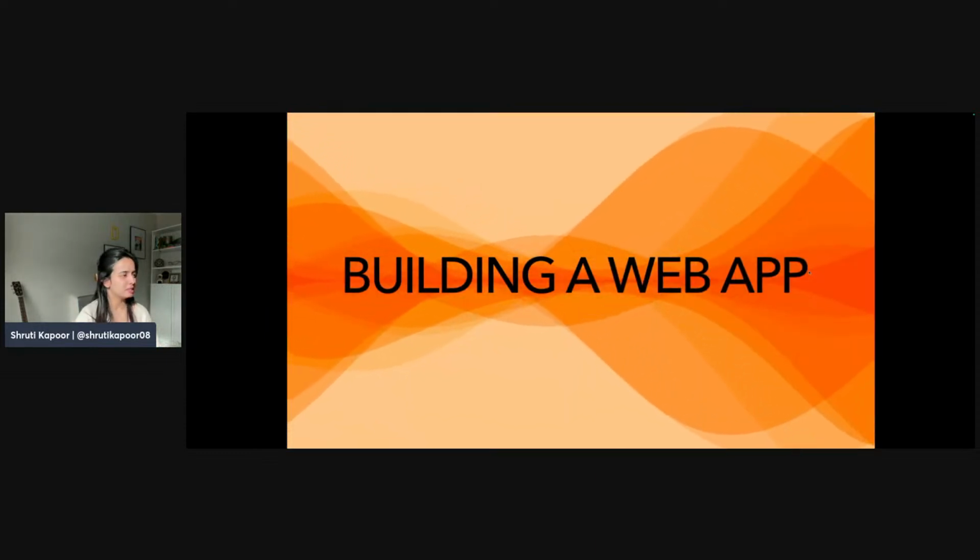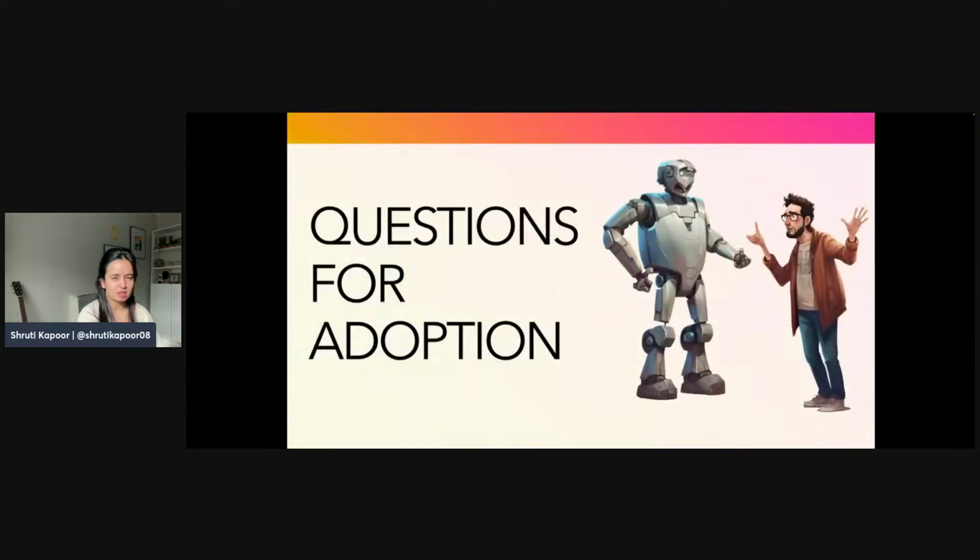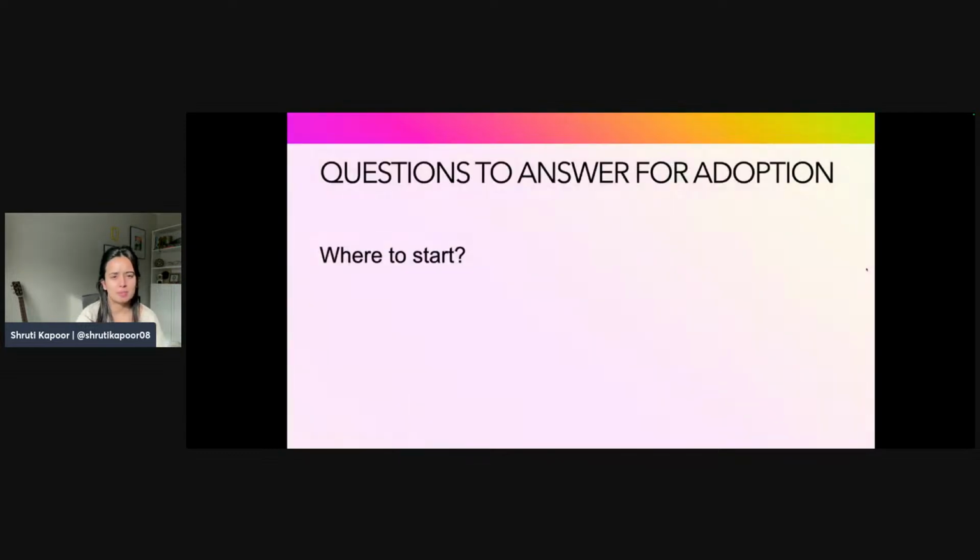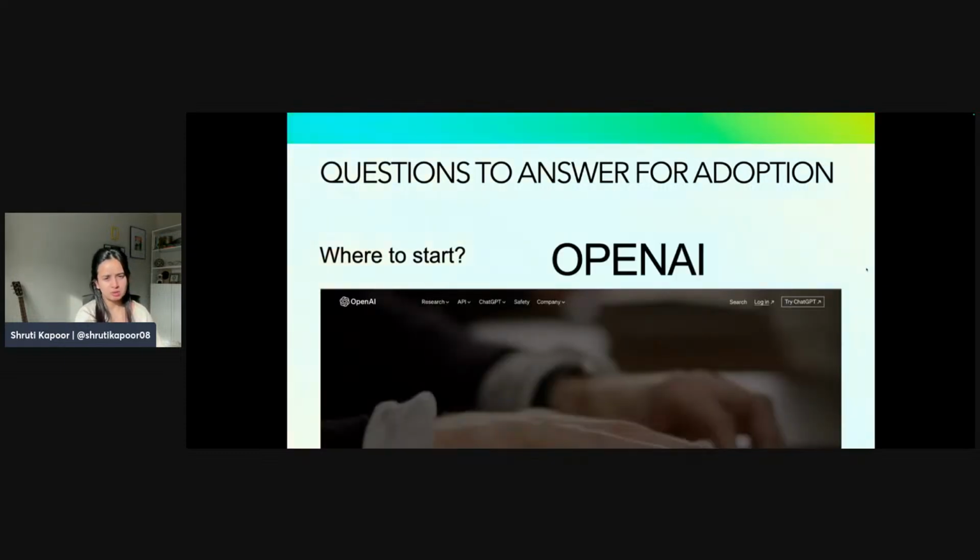All right, now let's build a web app. Some questions that I feel new engineers would ask when it comes to adoption is where to start. You want to build an AI service, and there are so many questions out there. I would recommend starting with OpenAI. It is easily integrable with other platforms like LangChain.